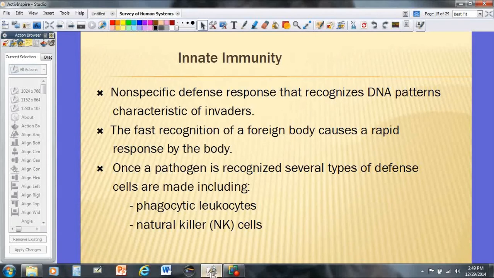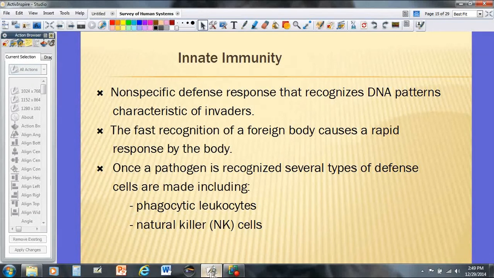It's the innate system because it's always at the ready. There are always some type of defensive molecules ready to respond to a foreign invader. This results in a fast recognition of that foreign body and allows the body to respond rapidly and begin to get rid of that invader before, hopefully, the body gets too sick.